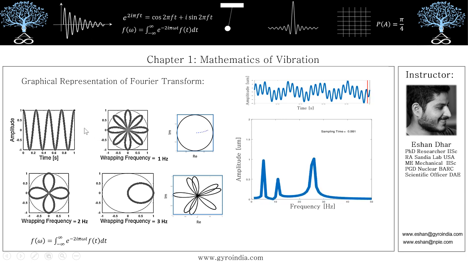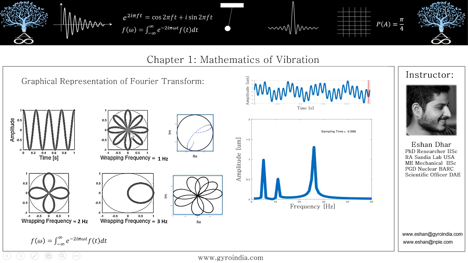For example, if we represent Fourier transforms in a graphical way, we can see that a pure cosine wave, when multiplied with the Euler's formula, leads to the wrapping of the cosine wave on the function.